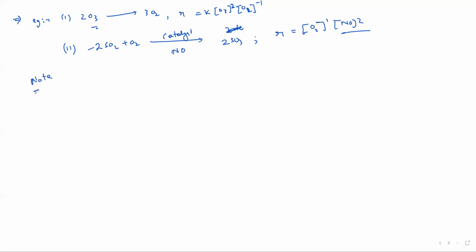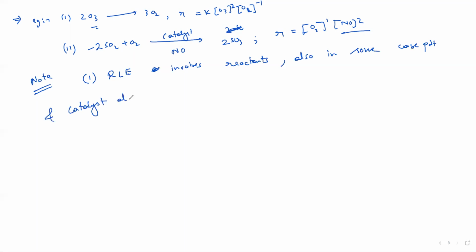So from here we can write some important points. In this note, you have to write down: the rate law expression, RLE, involves reactants, also in some cases product and catalyst also appear in the rate law expression, but remember, an intermediate step can never appear in the rate law expression.